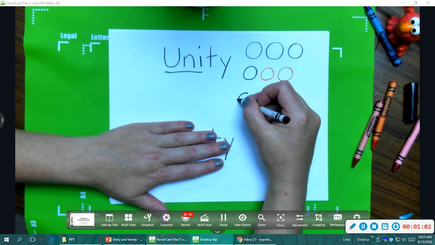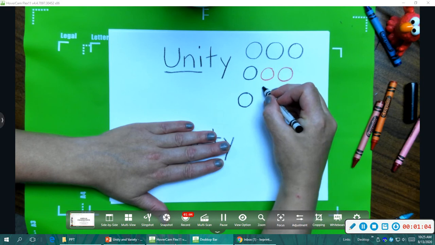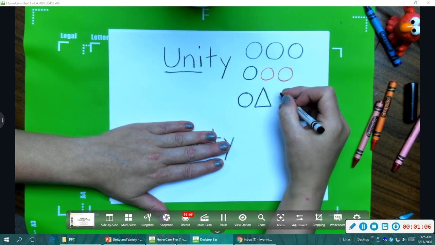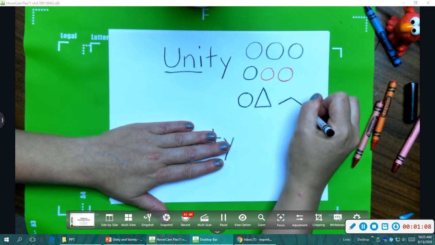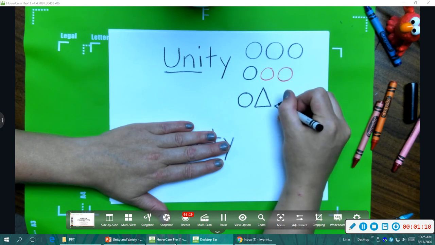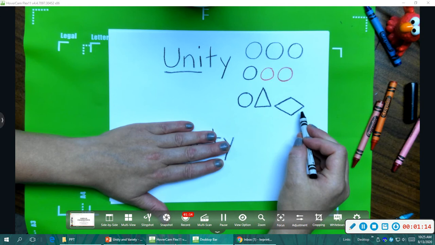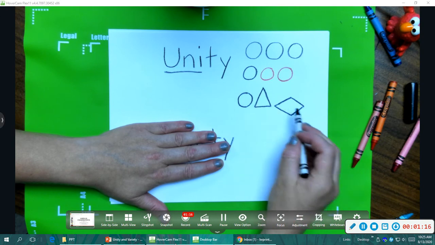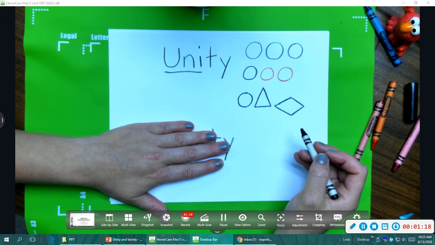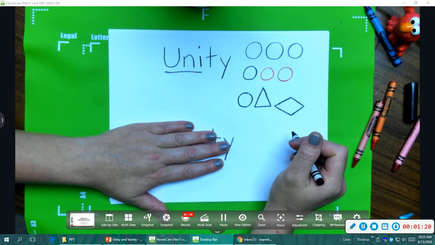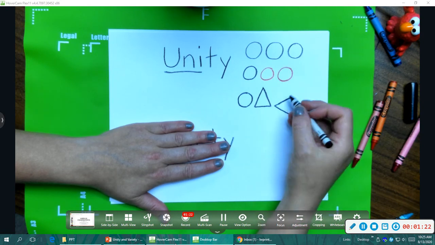Now, we might end up going really far afield. In this case, they have unity of color, but they don't have unity in their size, they don't have unity in their shape, and they also don't have unity with their position.